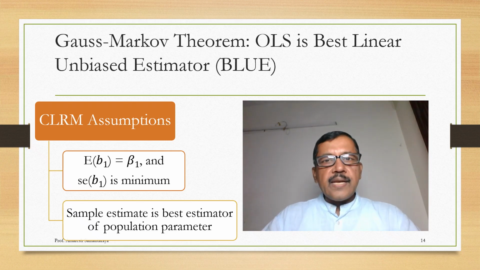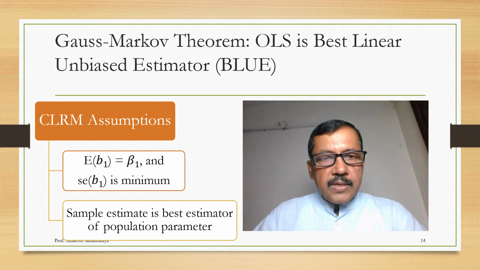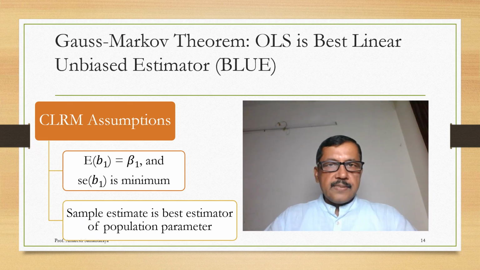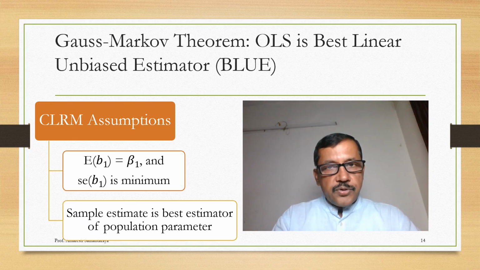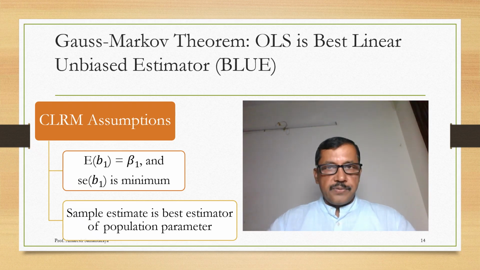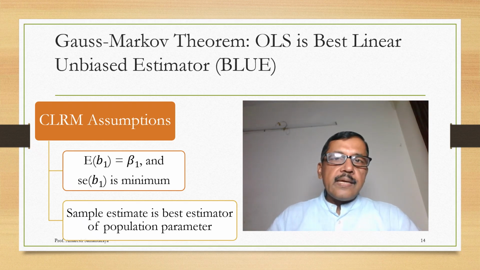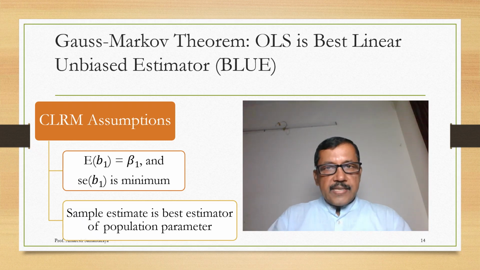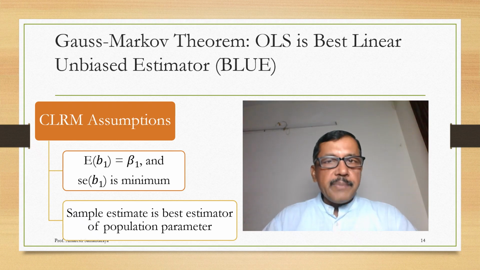Then if you are using OLS and classical linear regression model assumptions are satisfied, your sample estimate will be equal to the population parameter, which is 10 in this case. You have a distribution of beta 1 values which may be varying from 1 to 20, and the variance of the distribution of sample estimates will be minimum.